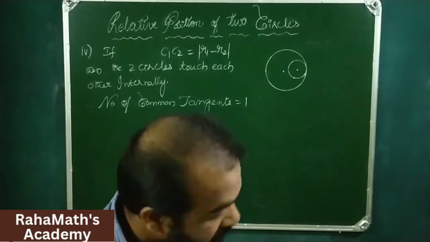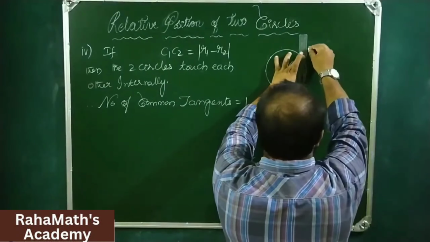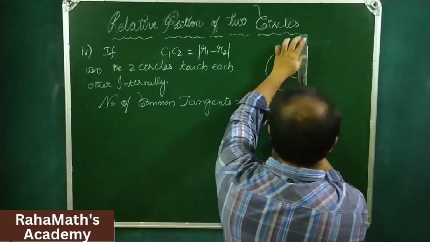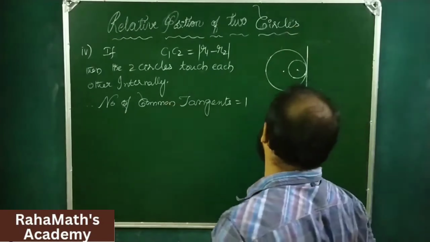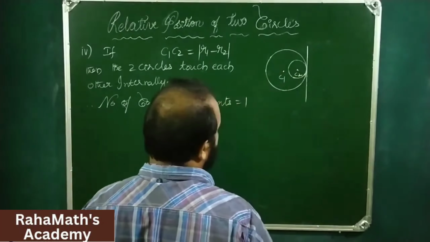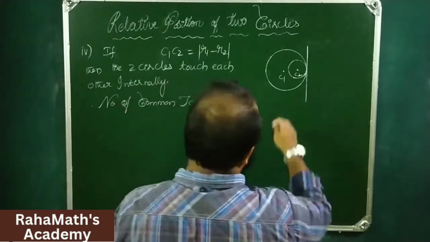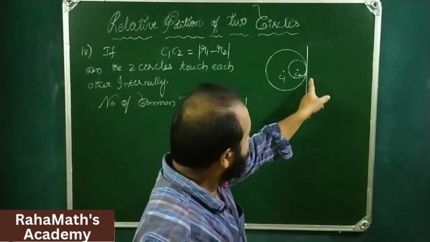So this is that direct common tangent which we are mentioning here. So this is C1 and this is C2. Okay. So can you guess what this is called?